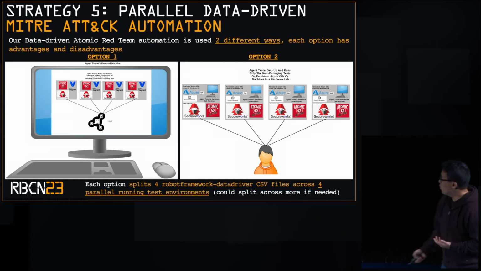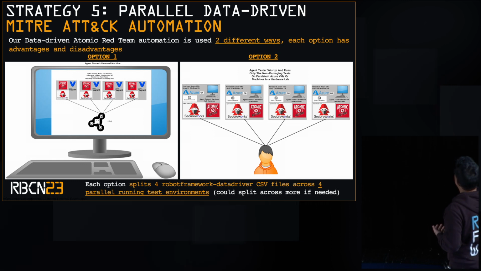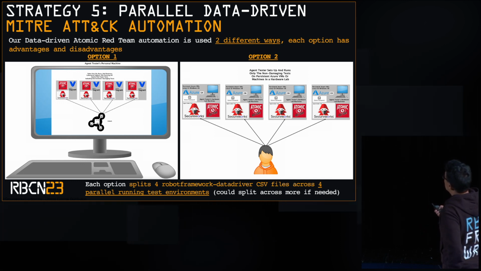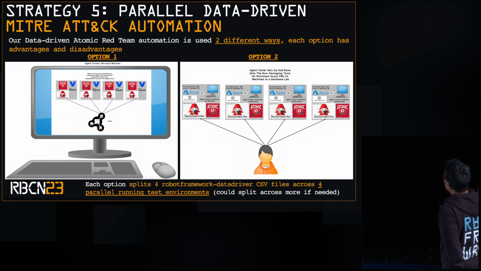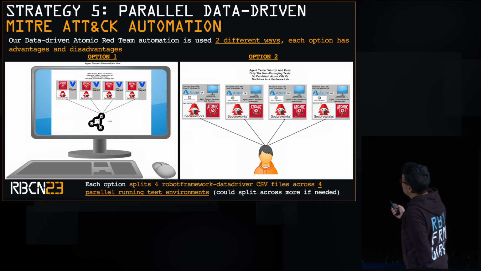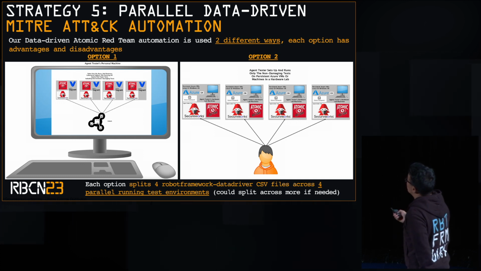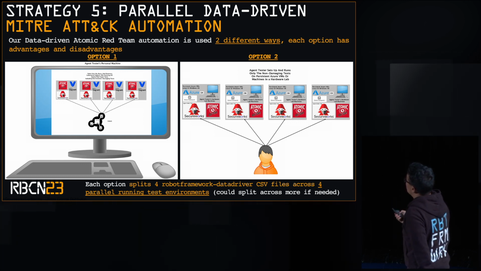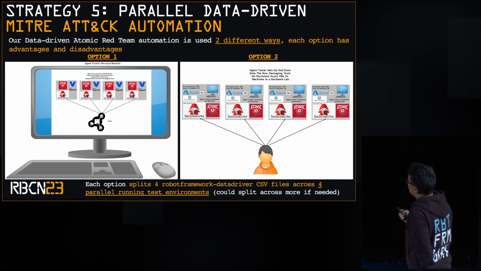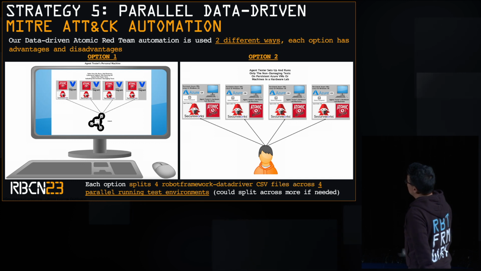So here are 2 examples, one with Pabot, and of course our Vagrant automation setting up the environments to be ephemeral, only short-lived, because if you run the full suite of MITRE tests, you will be messing up your environment, and you want to be able to clean up and start over again fresh.